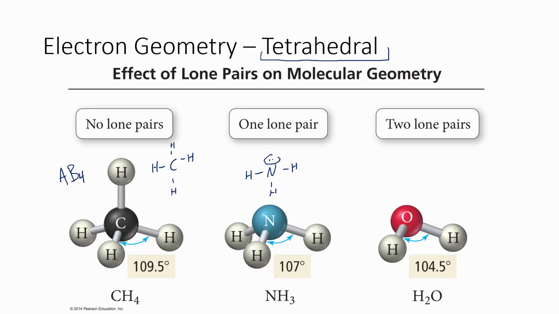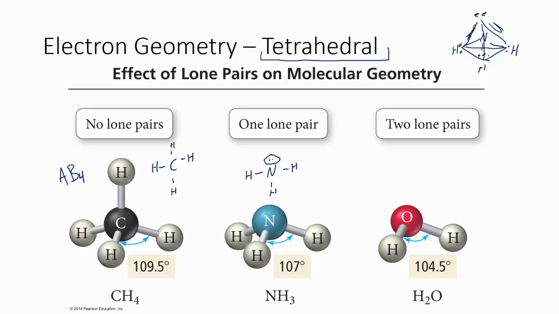The lone pair still takes up a shape, so if we draw this out as a tetrahedron, we still have electron groups trying to get as far away from each other as possible. These groups are still pushing.